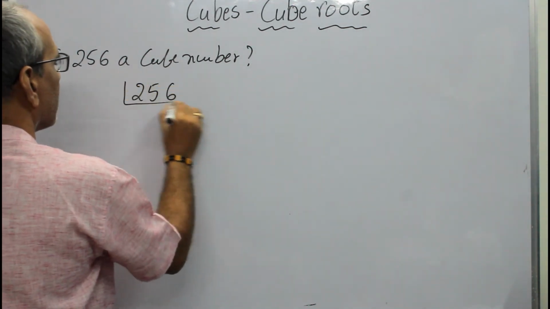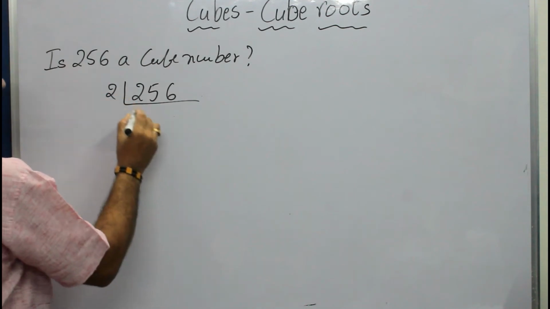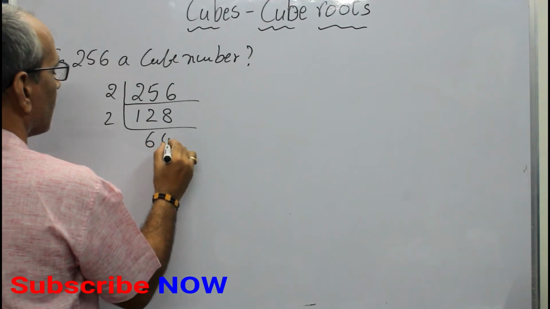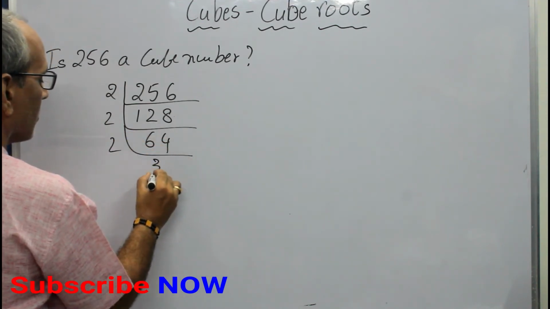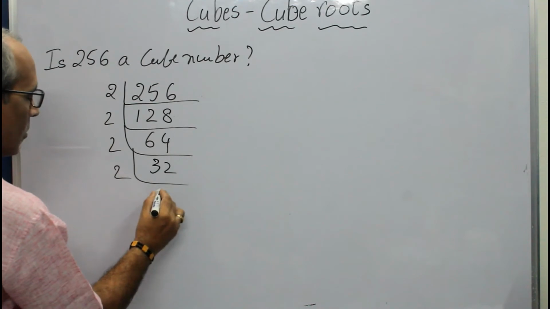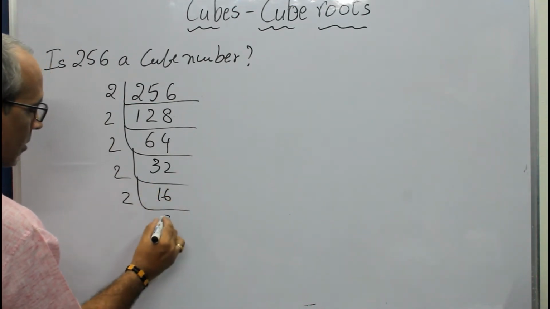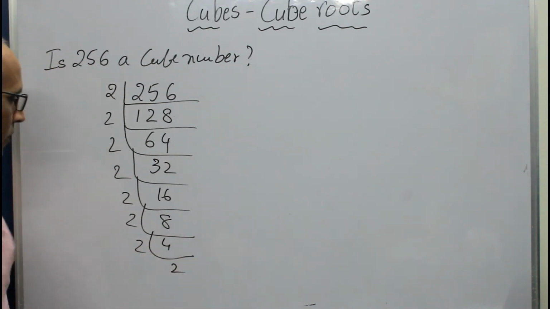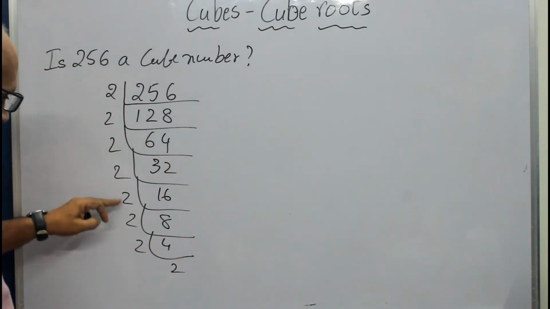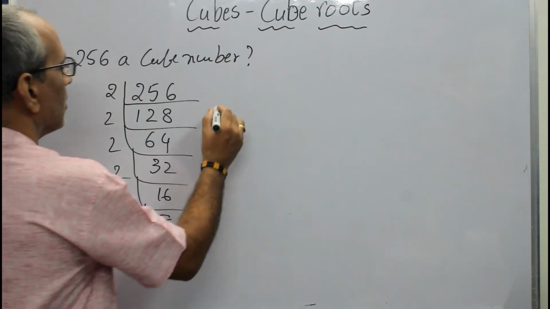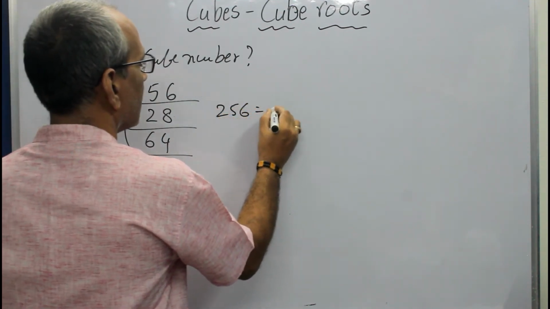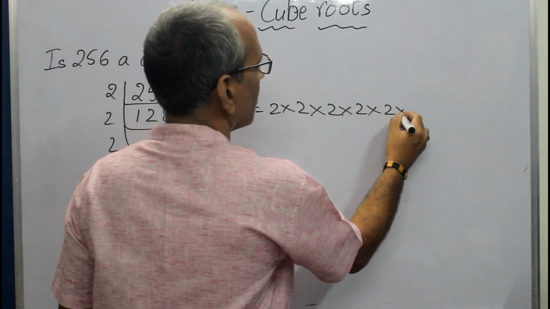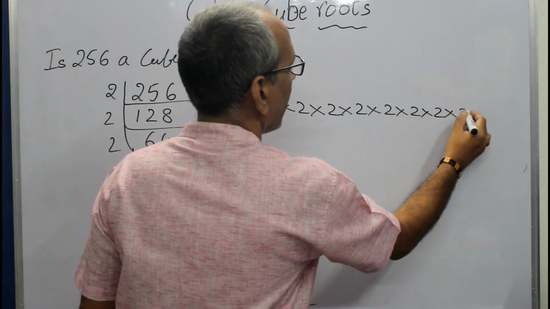For 256, always take the prime factors. 256, 128, 64, 32, 16. So 256 is 2 multiplied 8 times, that is, 1, 2, 3, 4, 5, 6, 7, 8 twos.